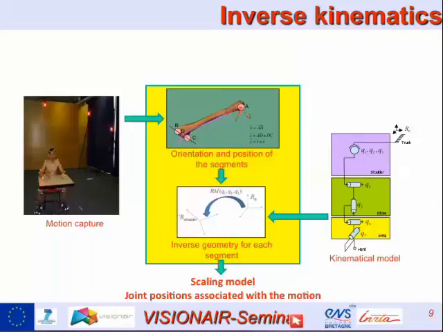When we have problems to deal with scale, we use the Leva table for this part, but also for the dynamics part, like mass, inertia, and something like that. We take that from the Leva table. And here, what's the output? It's the joint position associated with the motion.